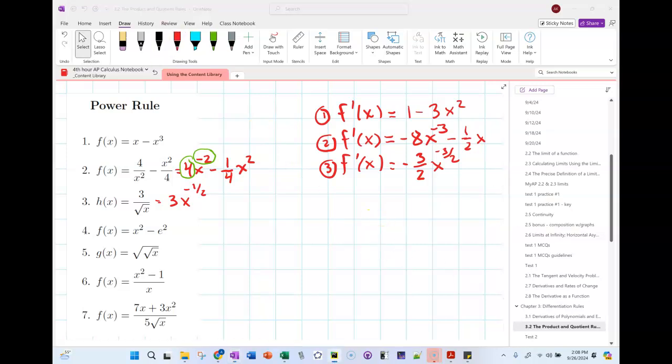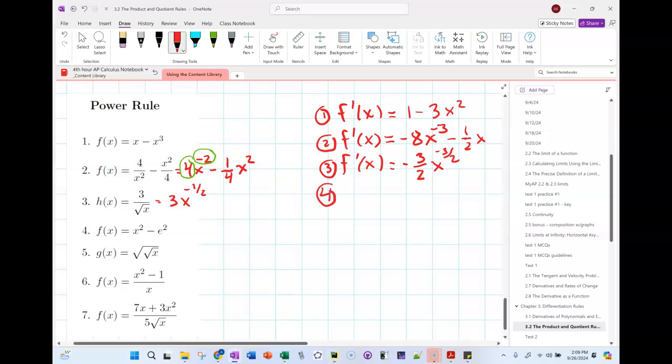Let's see who's next. Charlie. This one looks bad, but it's actually really easy. So you can do them one at a time. What's the derivative of x squared?